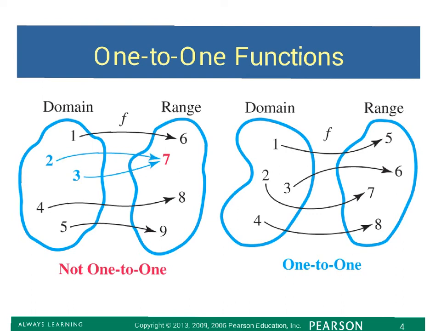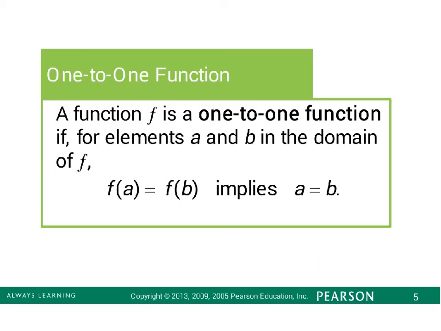So that's what causes it not to be one-to-one. And then this right here, all of the x values in the domain correspond to one y value, and vice versa, it corresponds back to only one x value. So we have a one-to-one function there.